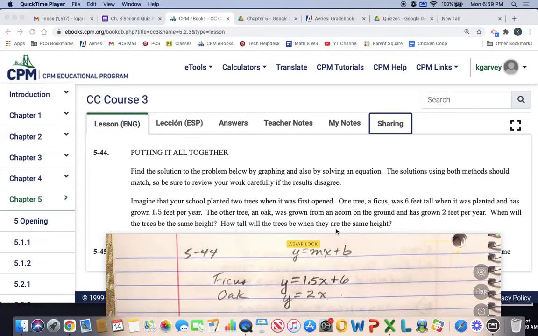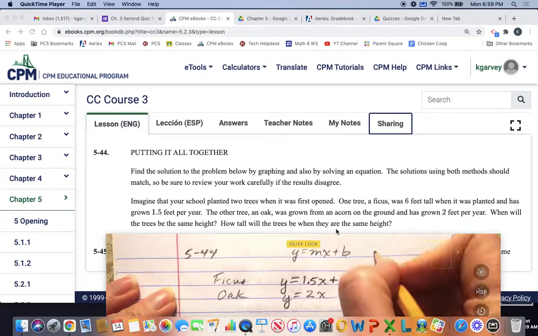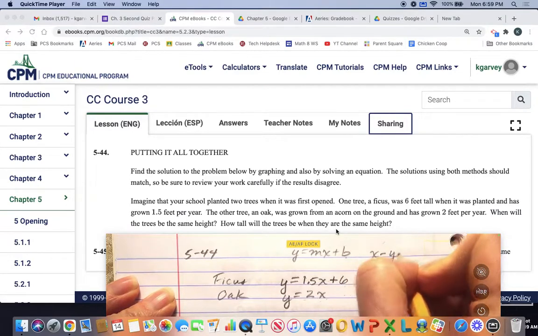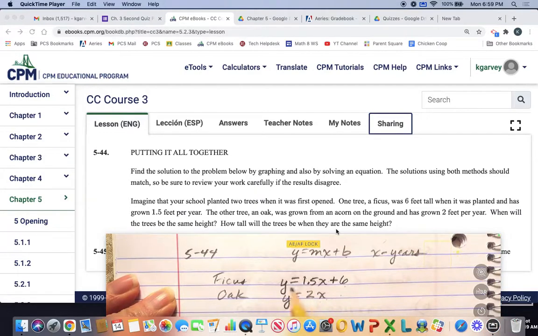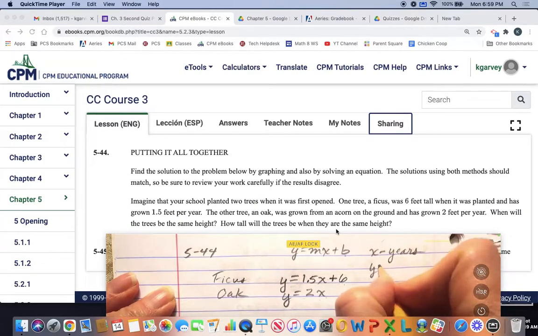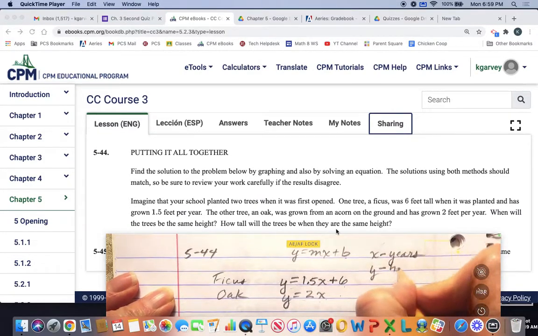Okay, so now we have the 2 equations, and we need to find out when. So x is going to be the years. And y, of course, is the total feet in growth, or the height in feet.